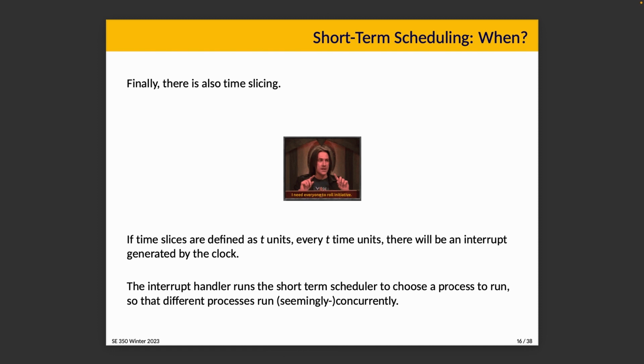If time slices are defined as T time units, the implementation is that every T time units, a clock interrupt is generated. When we handle this interrupt, we run the short-term scheduler to choose what process runs next, and so it makes it seem like different processes run concurrently.